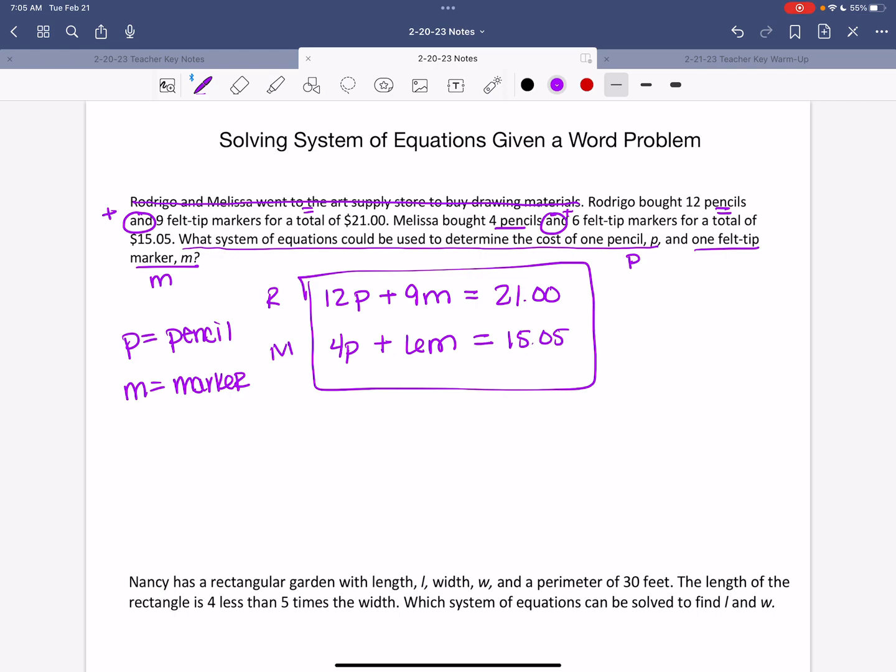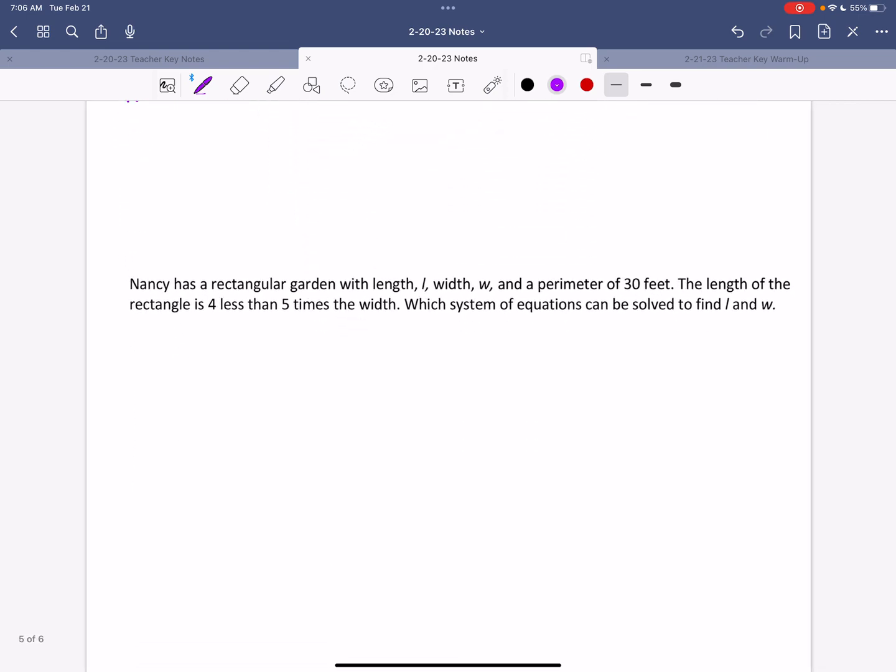That's your system of equations. That's it. The biggest thing whenever you're reading these is to write it down as you're reading it. If it says 12 pencils, write 12 pencils or 12p or whatever it is. Make sure you're taking it from the screen to your scratch paper. And that's it.